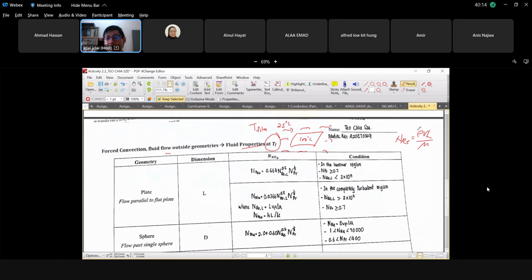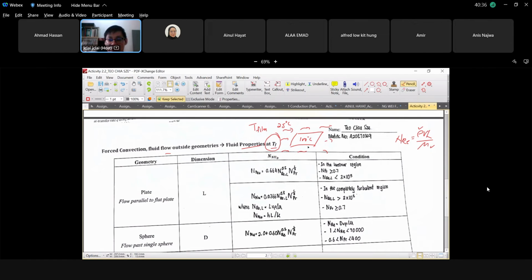Then you see rho and mu also depends on temperature. And now you have two temperatures. So which temperature to take? Since now it is not internal flow, it is an external flow, so they give a new name to the temperature. It's called T film.